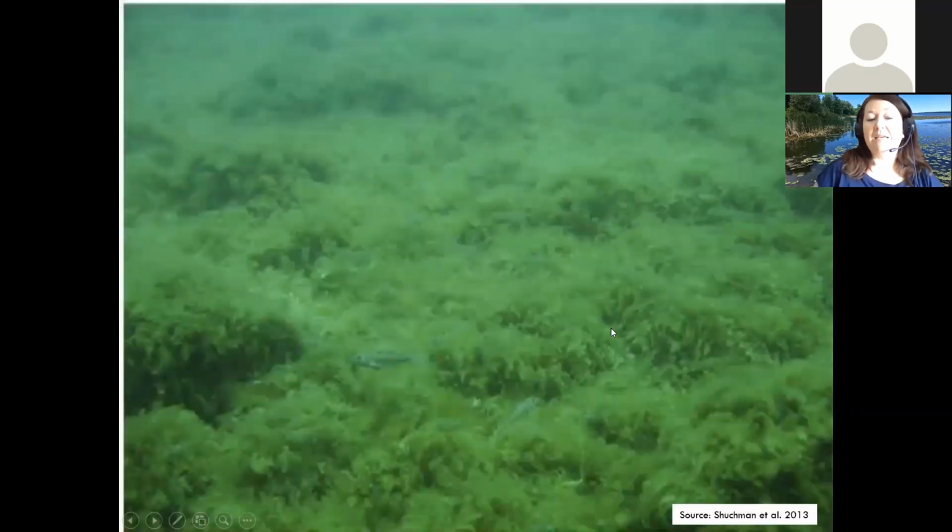And then finally, here's another photo of benthic algae. It's mostly Cladophora. Of course, there's going to be other species in the mix, but it is dominated by the filamentous macroalga Cladophora that forms these blankets in the benthic zone in nearshore areas of the Great Lakes. So this is a photo from Lake Michigan from a few years ago.